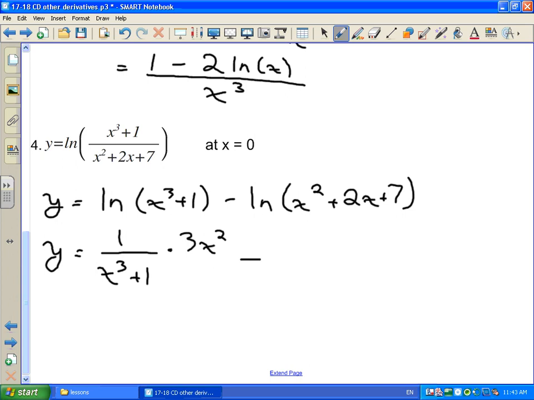All that minus 1 over our inner function, which is x squared plus 2x plus 7, multiplied by the derivative of that inner function, so 2x plus 2.